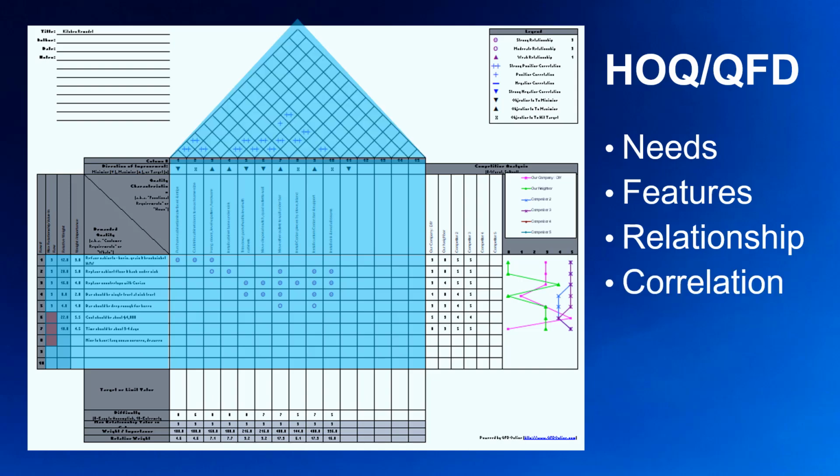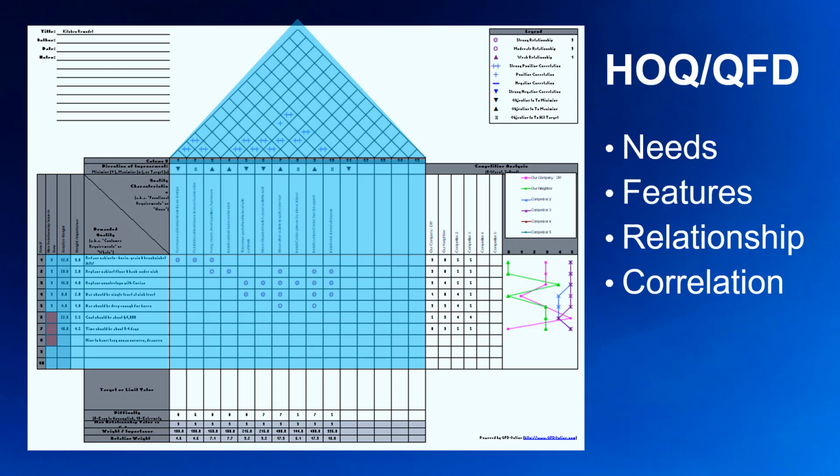The roof-shaped matrix shows how strongly functional requirements are correlated. The symbols may represent the strengths of relationships or mutual support between features, which can help the product owner or manager present trade-offs in the next iteration of related features.